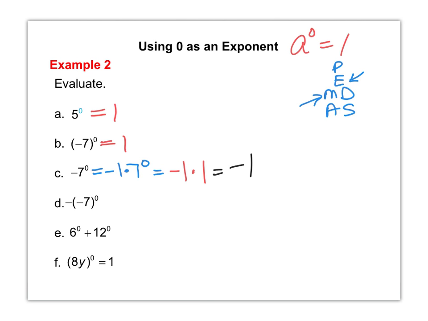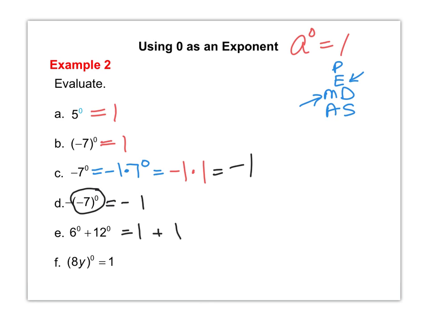Now in part D, it's the opposite of -7 to the 0 power. So if we do the parentheses first, -7 to the 0 power is 1, and then you make it negative. In part E, we have 6 to the 0 power, which is 1, plus 12 to the 0 power, which is also 1.